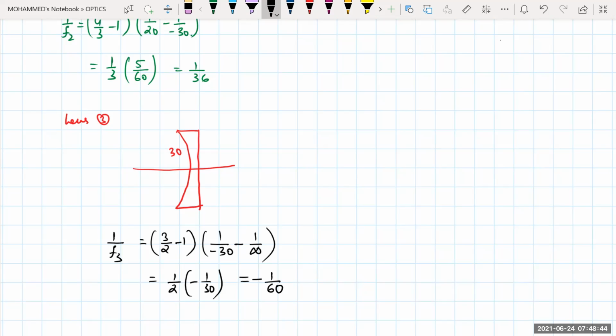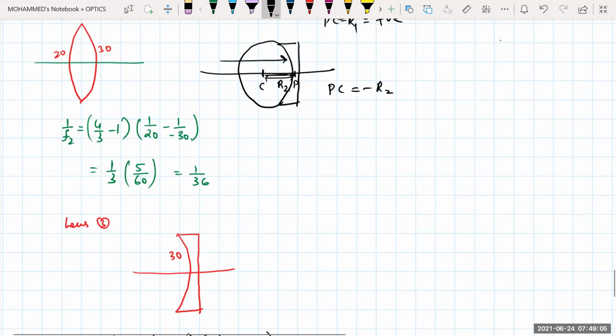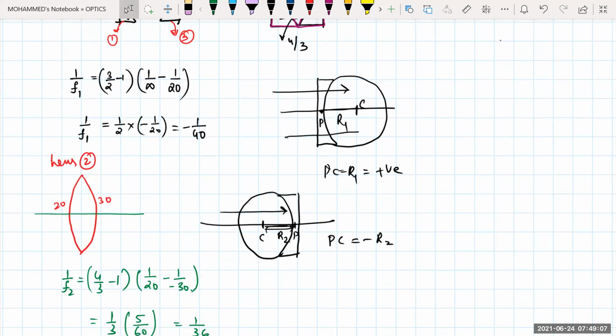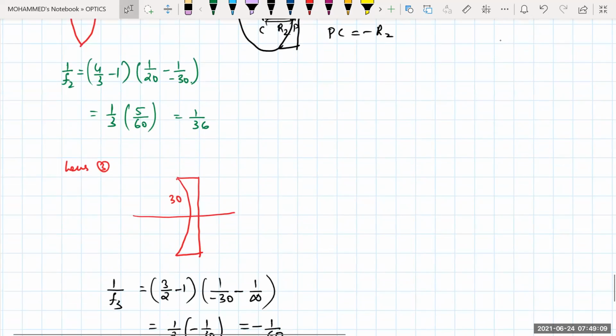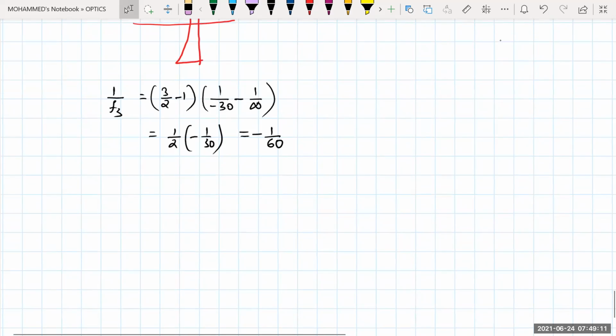Now add all of them and try to tell me what will be the answer. The first lens is minus 1 by 40, then 1 by 36, and minus 1 by 60.